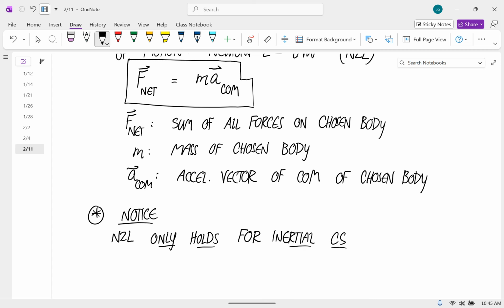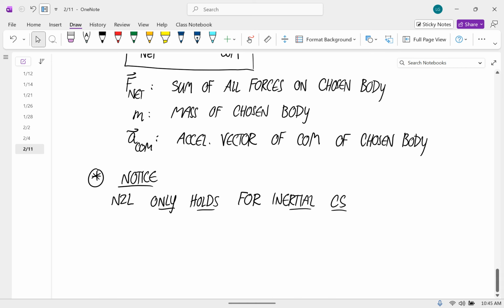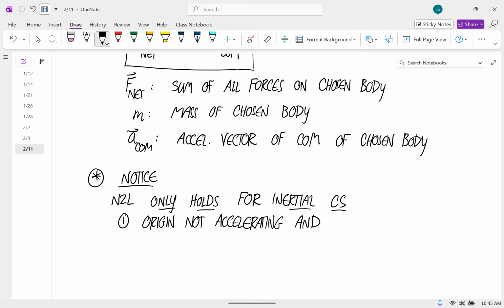And if your accelerations are measured from a coordinate system that's not inertial, then Newton's second law isn't going to hold. So an inertial coordinate system, remember, means that the origin is not accelerating. And second, that the axes aren't rotating.